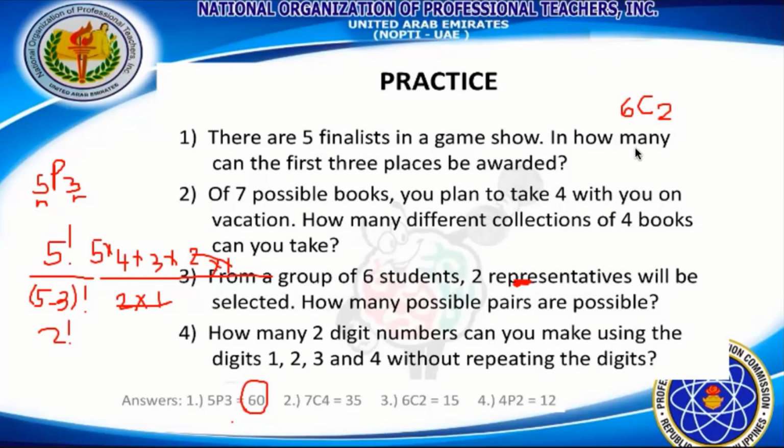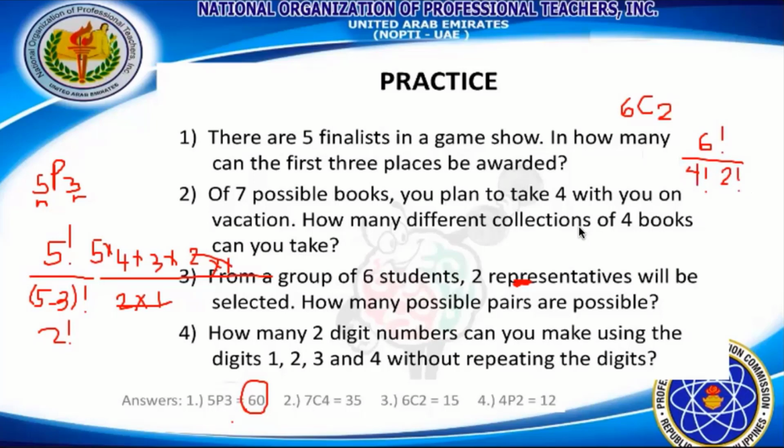So, pag combination, 6 factorial over 6 minus 2 is 4 factorial, plus idagdag mo pa rin yung 2, the value of R, which is 2. Okay?